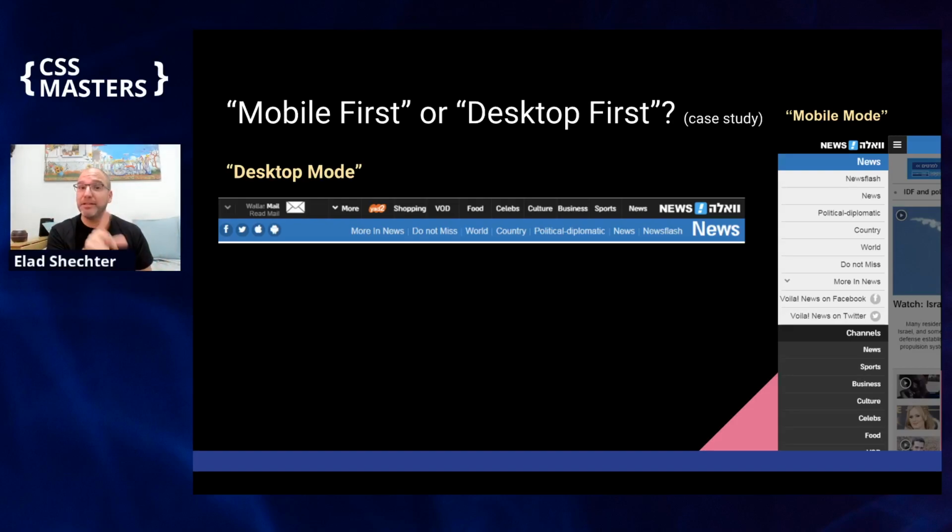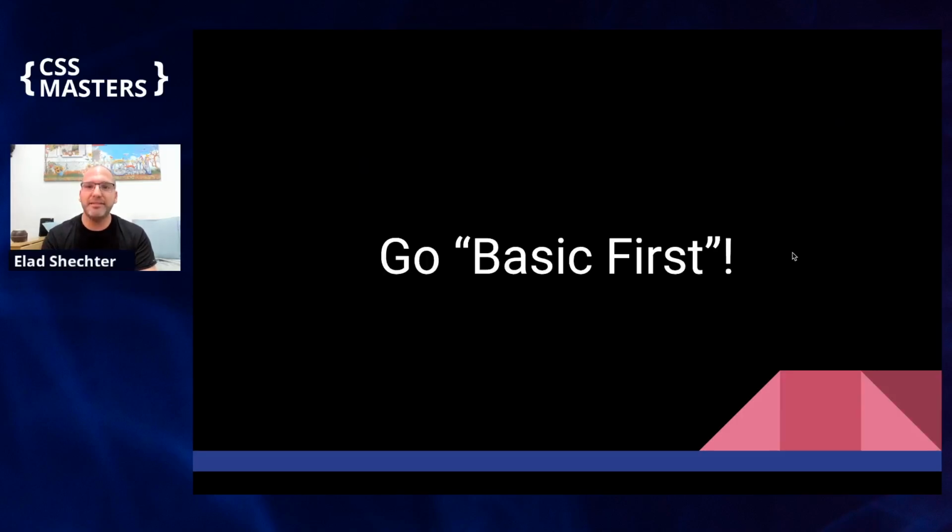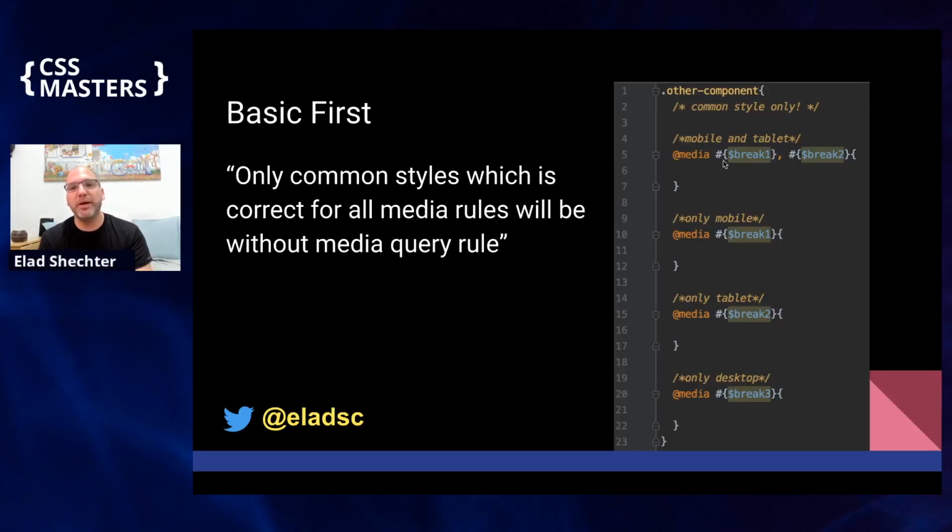And it's still the same HTML, but the styles are so different that I didn't want to create any connection. And what I've done here, I didn't write any common style. I took the style of the mobile tablet design, where the navigation looked like a side navigation, and I put the style of the mobile tablet design in a closed media rule of break 1, comma break 2 in here.